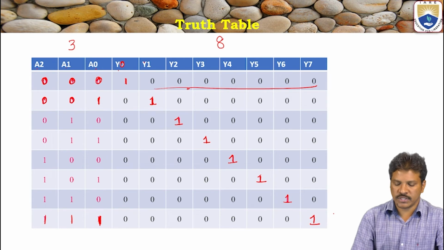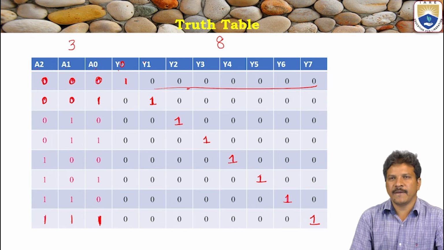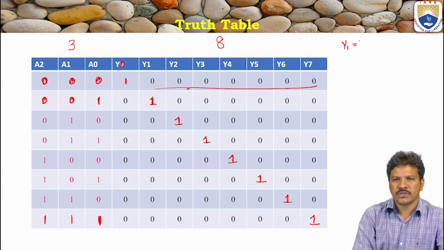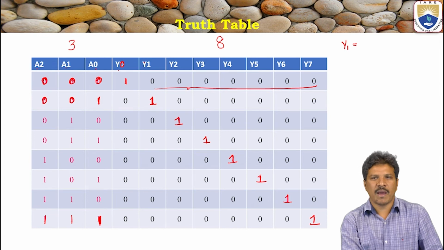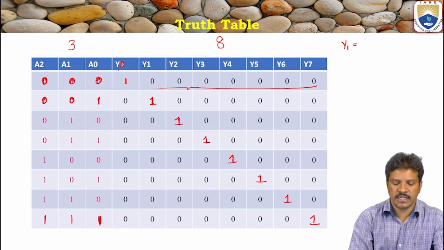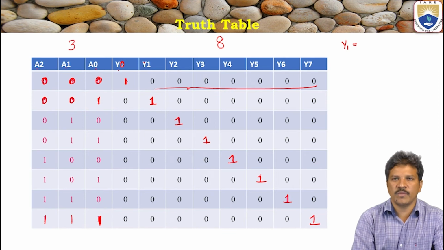So these are the outputs. Now how can we generate the Boolean expression for Y0 to Y7? Is it required to take the K-map for all 3 variables? No need. By inspecting the table, we can directly write down the Boolean function.